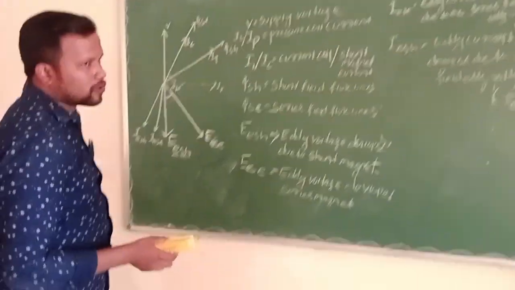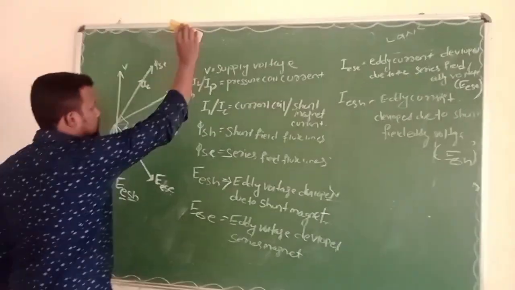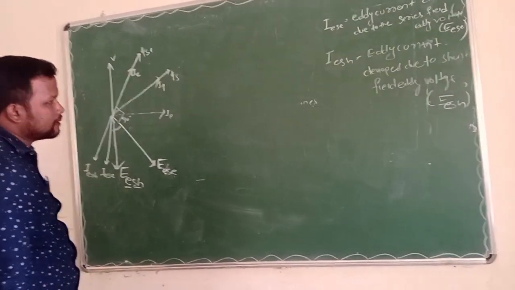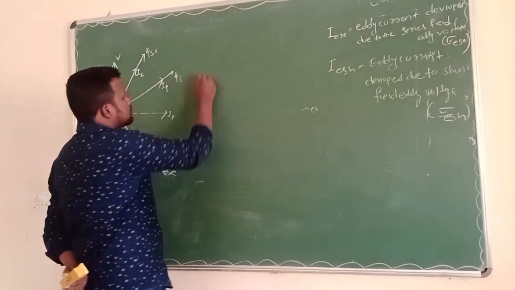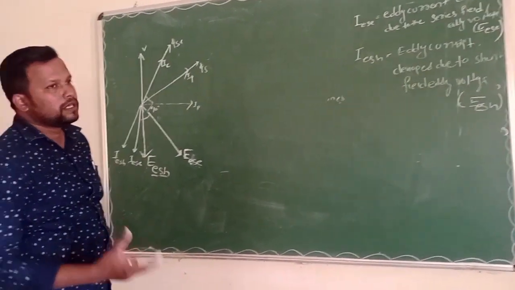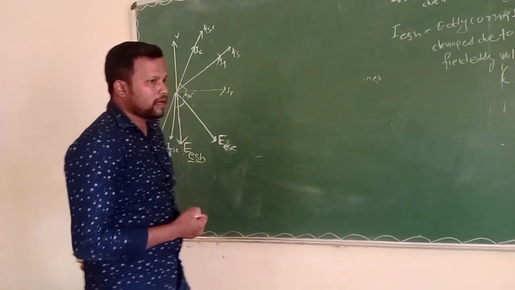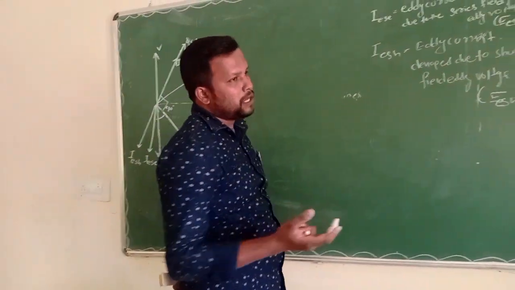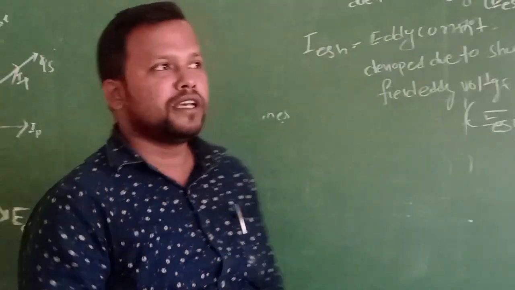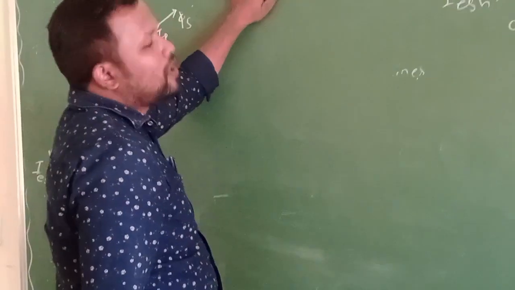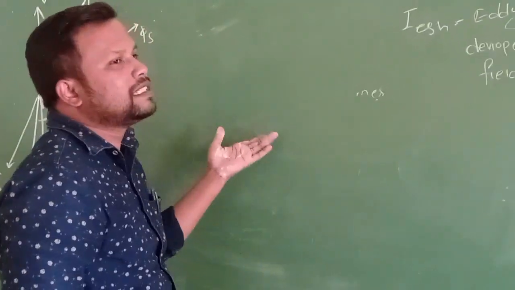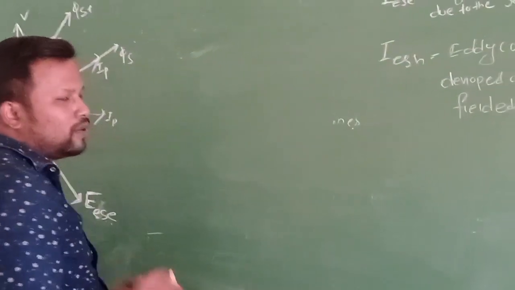After that, we have a problem in the energy meter, that is creeping. What is creeping? Creeping means if we do not use any power or consume any electrical energy, but the disc is rotating and the units are increasing.